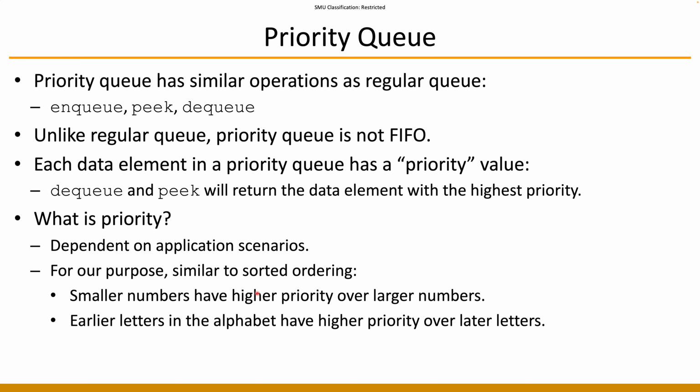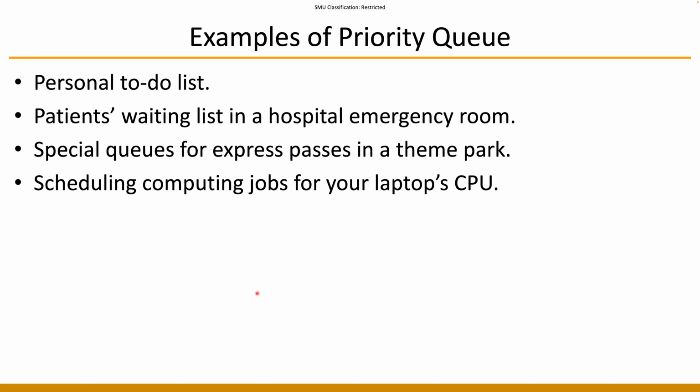All right, so there are a lot of examples, of course. You can use a priority queue to rank your to-do list. In a hospital, you can rank the order in which you are going to see the patients, particularly in the emergency room. In the ER department, definitely you're not going to see the patients based on their arrival time. You see the patients after you have walked them through the triage process.